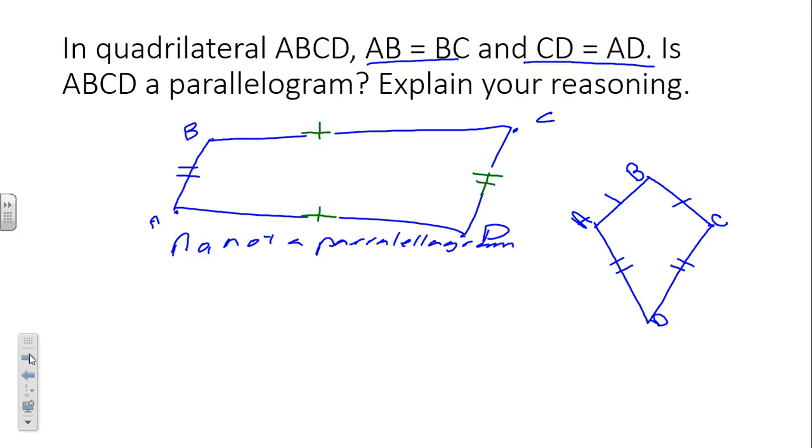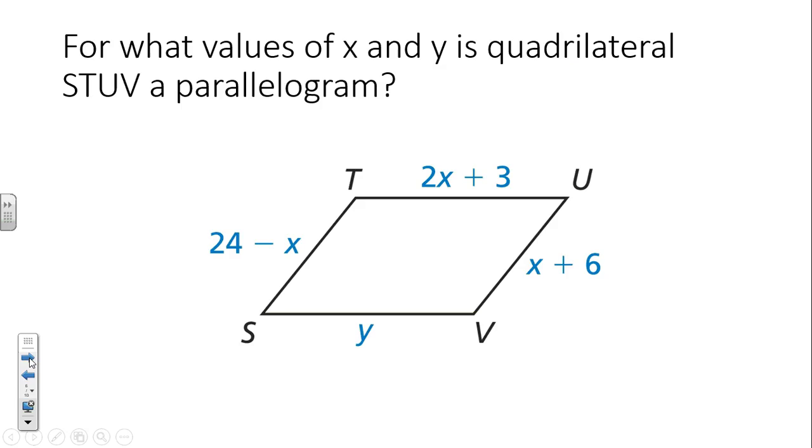Okay? That's why this is not a parallelogram. The opposite sides are not congruent. Make sense? All right, so if we get a problem like this, we have to draw a picture first, right? Because pictures help us. Okay? Nice job. All right. So, next one.